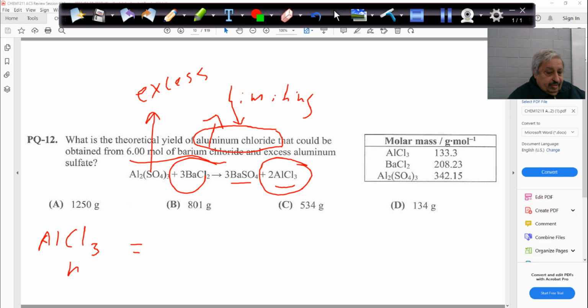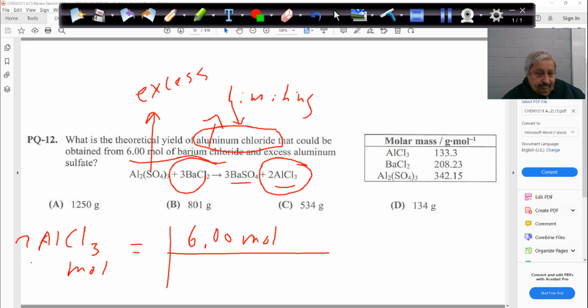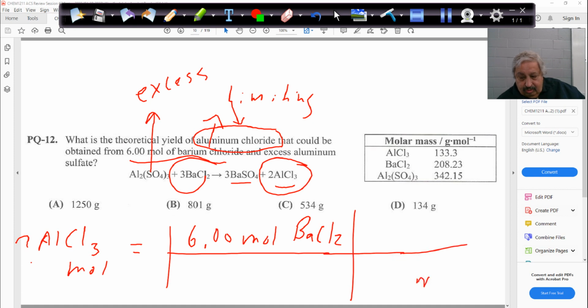So you are looking for aluminum chloride. The number of moles will be, you have 6 moles of barium chloride. Now remember, barium chloride always goes at the bottom, mole of barium chloride, and we are interested in our product here, mole of aluminum chloride.